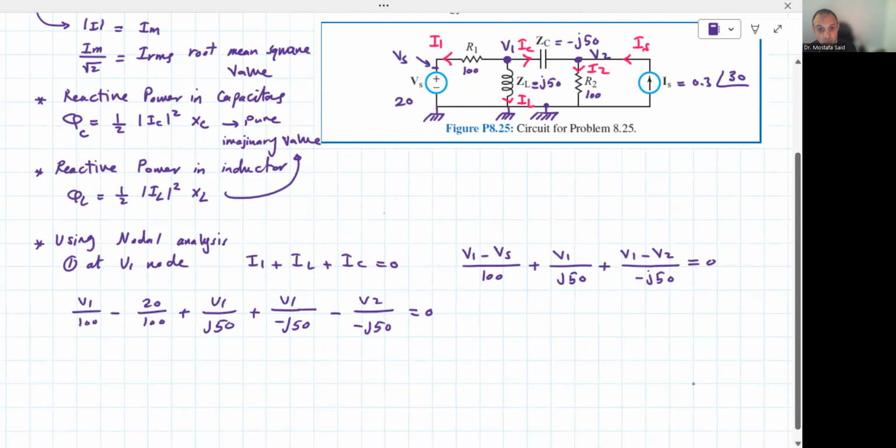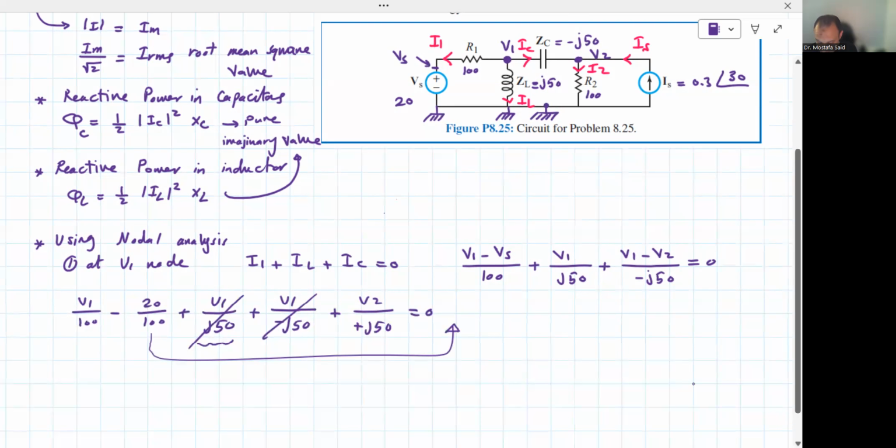One thing we notice here: this is V1 over J50, and this is V1 over minus J50, so it's minus V1 over J50, so these two cancel. And this is minus and minus, minus V2 over minus J50, so it will be positive; the minus will cancel the minus. We can bring this constant to the other side.